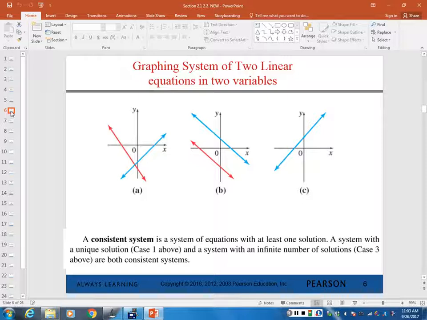Graph C is a consistent system. It has infinitely many solutions. Every point that's on A is on B for the two lines A and B. The one in the middle is the one that is parallel lines, and that's the inconsistent system. It has no solution.